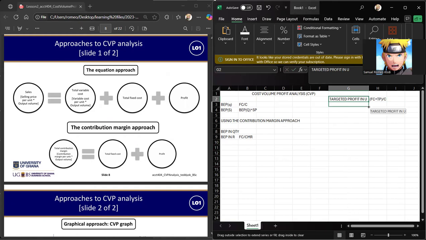Having the same thing in sales or in revenue, it is the same: targeted profit in units times our selling price per unit. That's it.